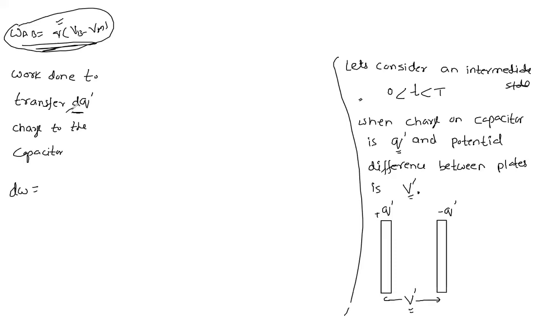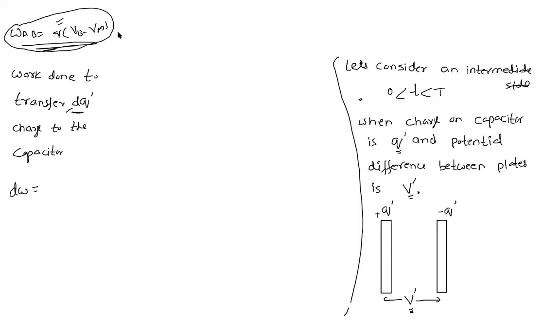Fatma, what should be the work done? Now I need an answer from each one of you. Afroza, you are wrong. Fatma, what is the work done in carrying dq prime charge to the plates of the capacitor when the potential difference between the plates is V prime? You can refer to this formula. Jovena, how do you calculate work done?